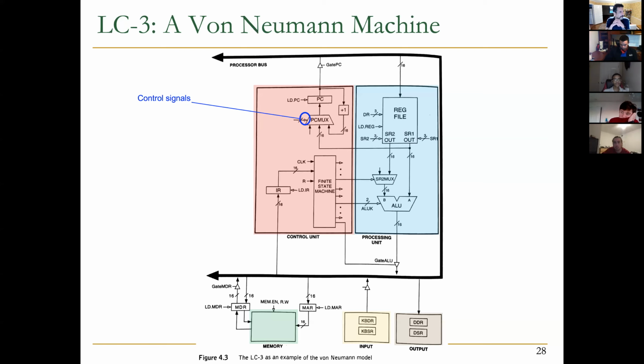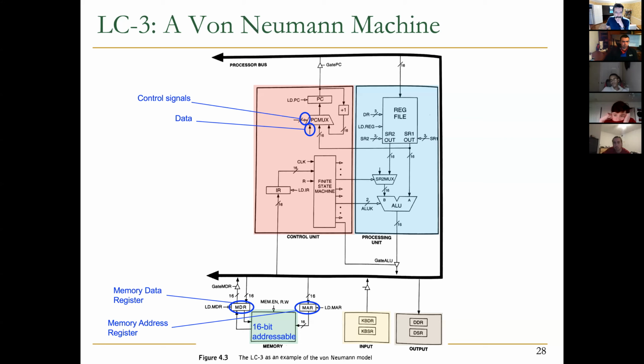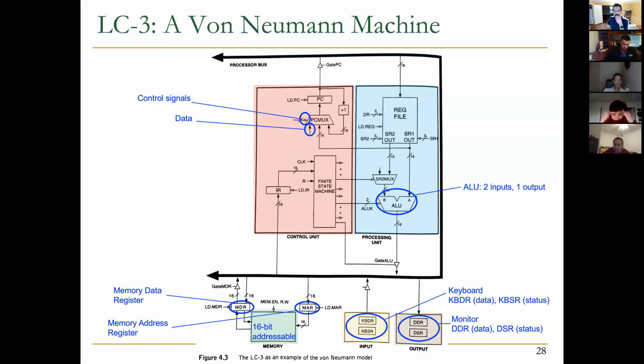You also have many different components that we'll discuss. Again, memory is 16-bit addressable, we discussed this in LC-3. You have MAR here, you have MDR, you have input, output, you have ALU, which has 2 inputs and 1 output.